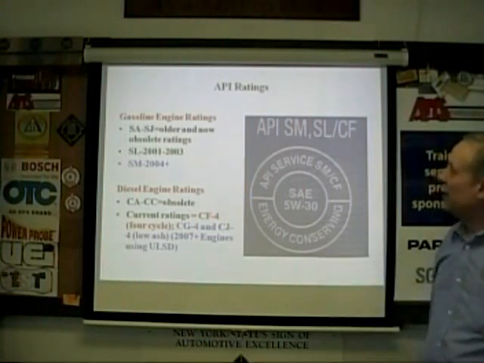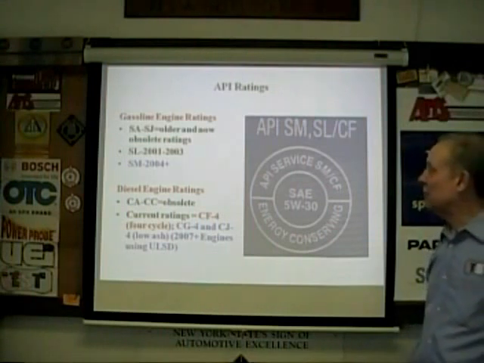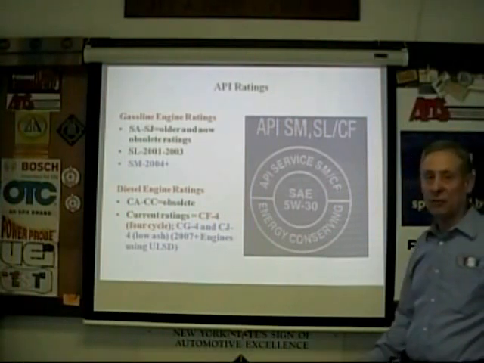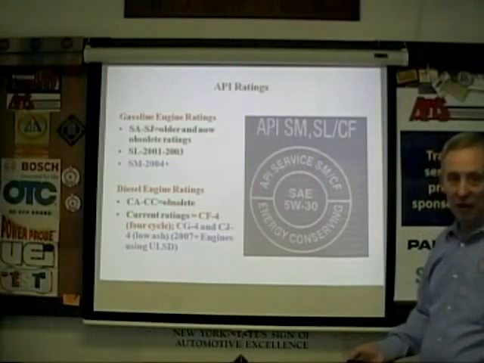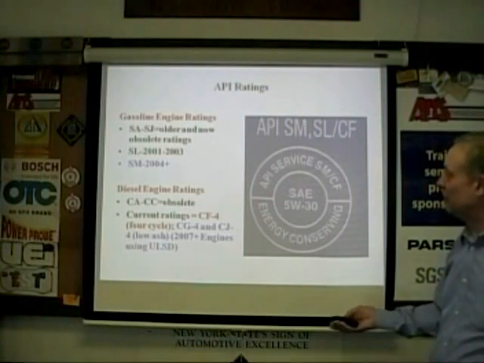So, SA through SJ are the older and now obsolete ratings. SL 2001 to 2003, SM 2004, and we now have SN. I guess it's not fully implemented at this point, but it's coming. It's going to be out in every brand pretty soon.